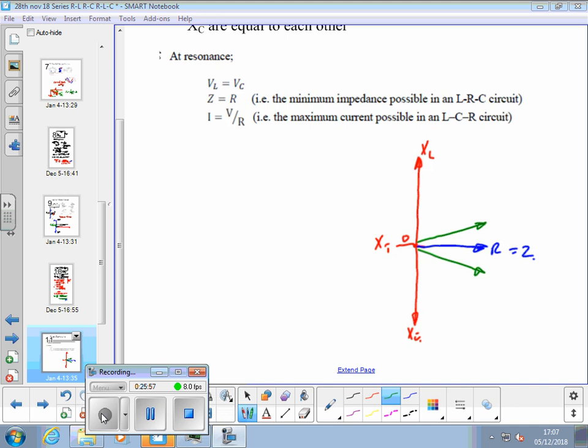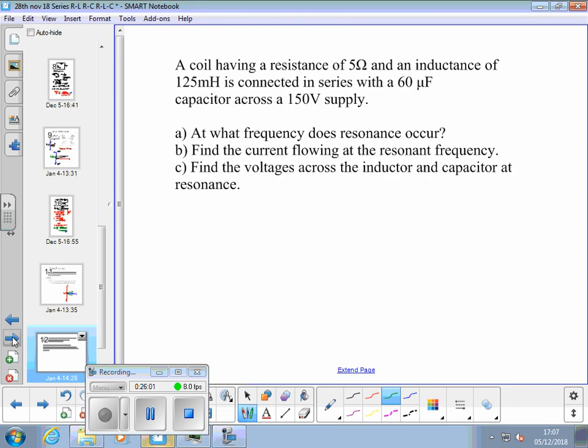Well, the example I've got on here, and I don't even know if it's on your notes, instead of having these values, we'll go with the values we just used, so that you can see the difference. So we have 5 ohms. What do we use for the inductor?